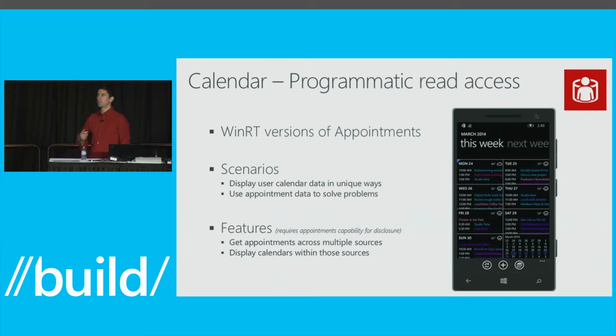So if you think about something like Outlook.com, you may have multiple Outlook.com calendars. You'll have your personal calendar. In my case, I have one for the Seattle Sounders. I might have a birthday calendar and a holiday calendar. And we allow you to read that and determine the same colors and hidden status as the first-party calendar application.